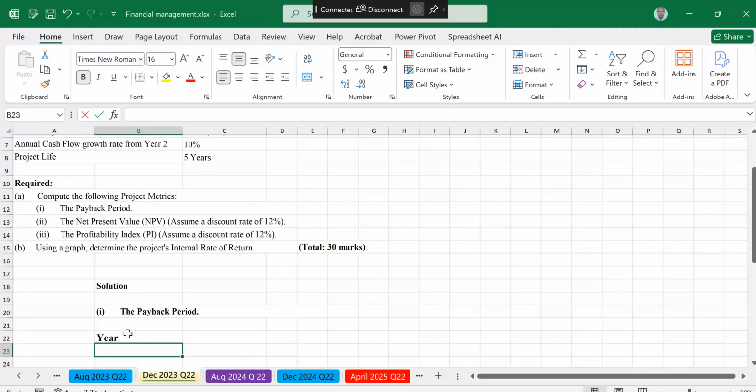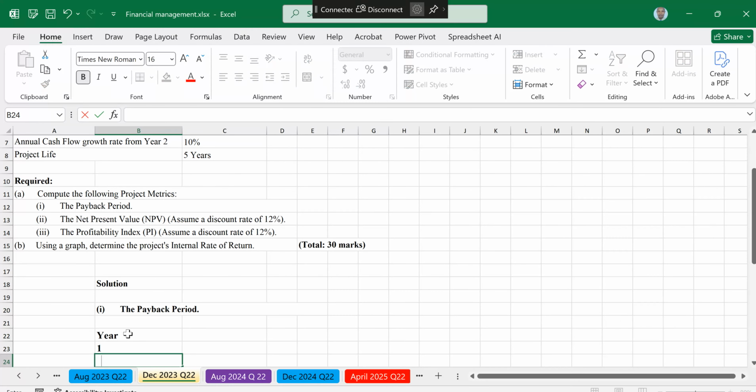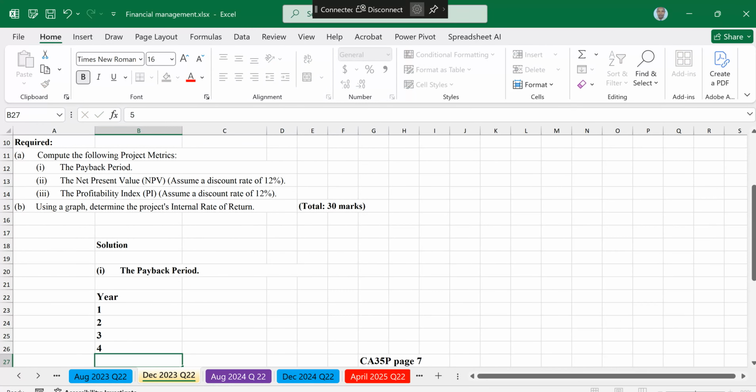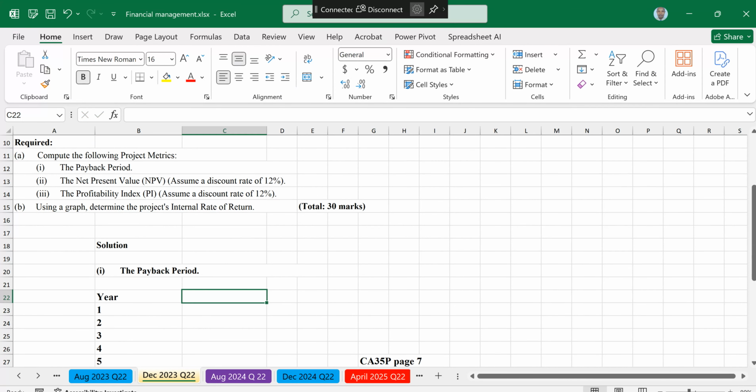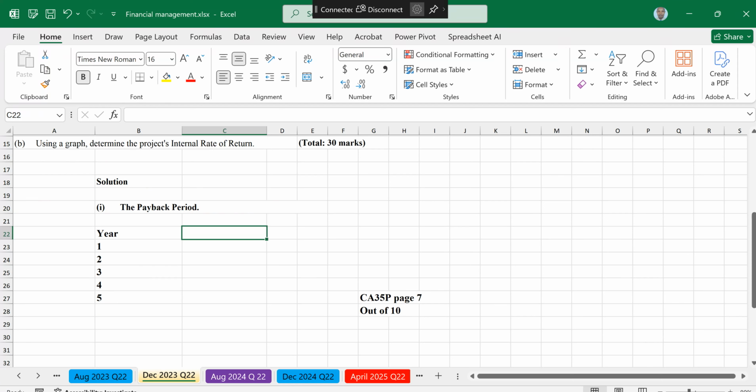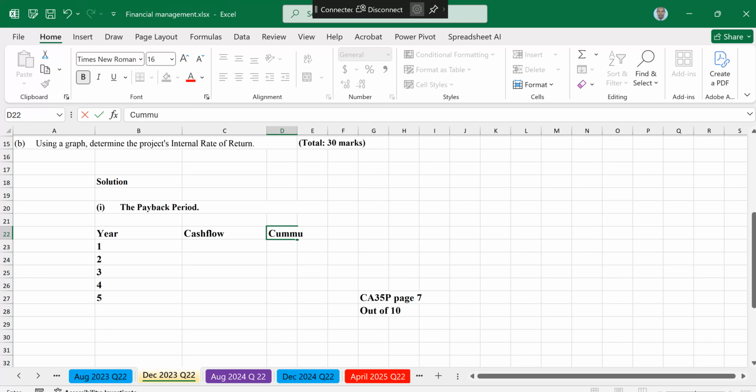It's year 1 to 5. Then we have the cash flow, and you can see a place for cumulative. So we also have cumulative cash flow. There is no function that we can use for this.